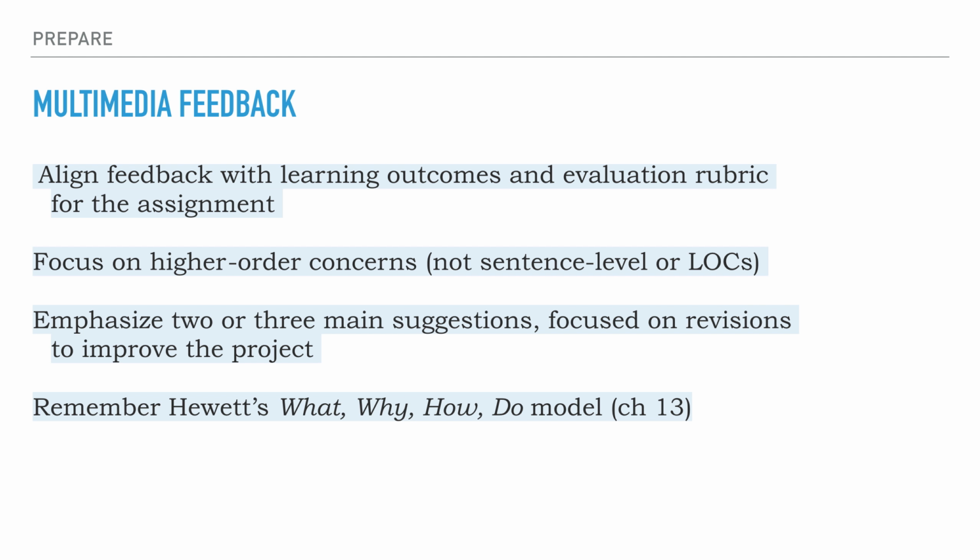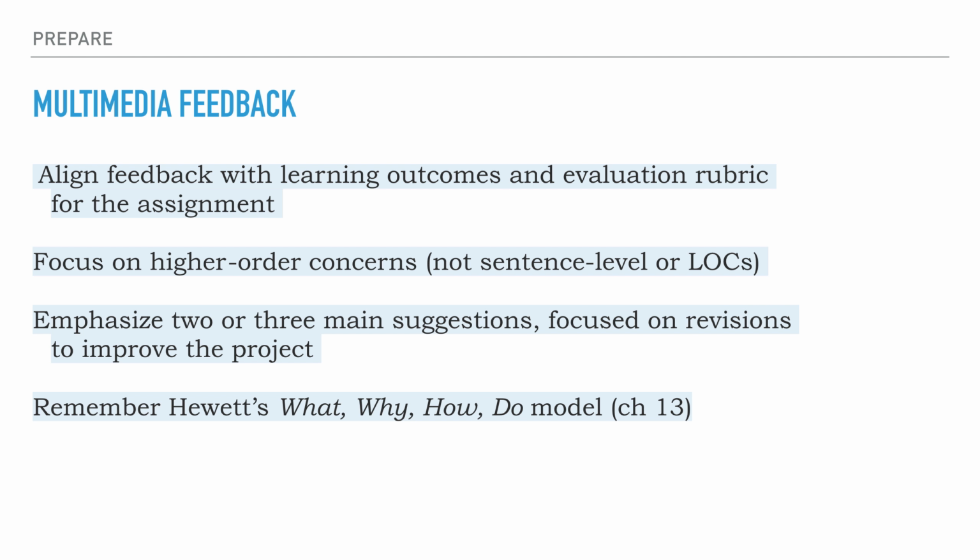First of all, align the feedback with the learning outcomes and evaluation rubric for the assignment. So for example, let's say you're teaching visual storytelling through a photo essay. You want your feedback to line up with the rubric and with the criteria that you set up at the beginning of that project.